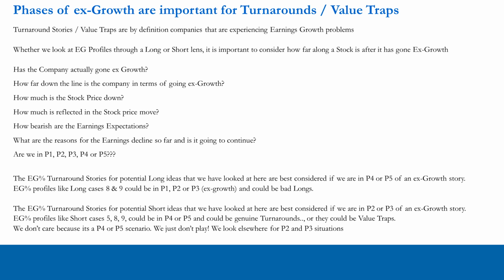So in the situation of case number 8, we have a positive EPS situation with negative earnings growth in period 1. We have a positive EPS situation in period 2, but the earnings growth goes from negative to positive, at least at the sector level.